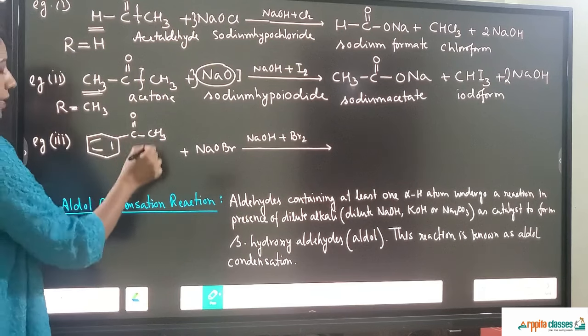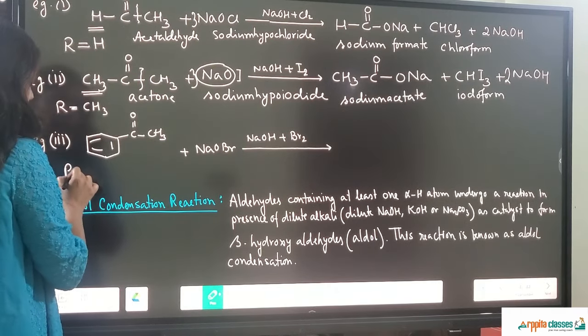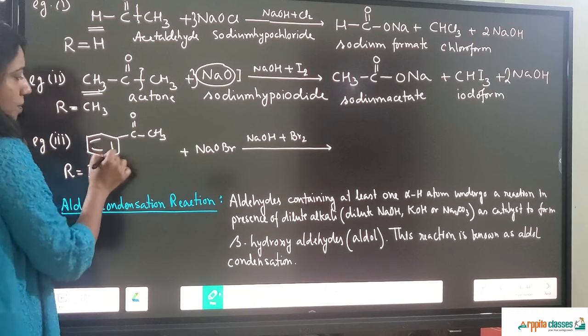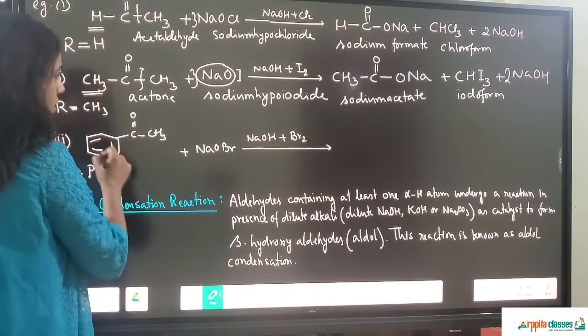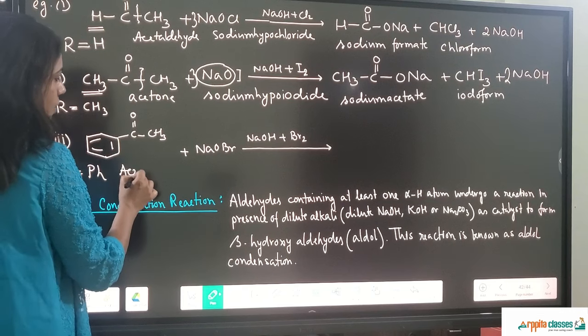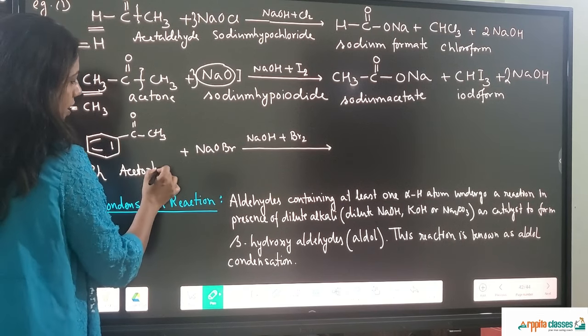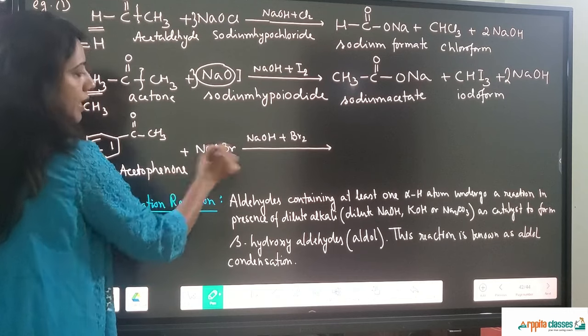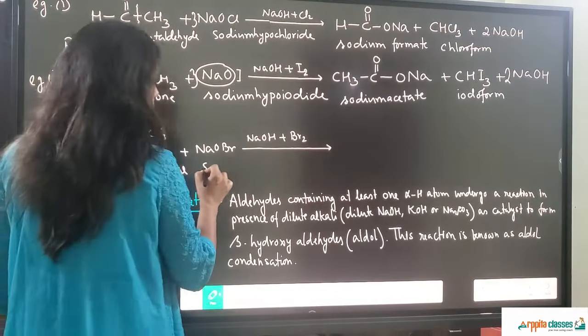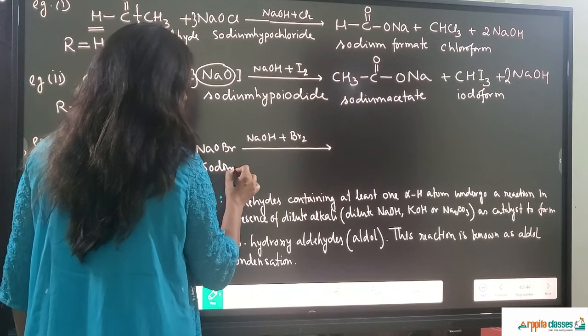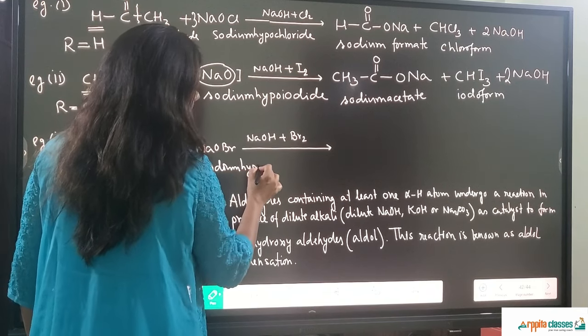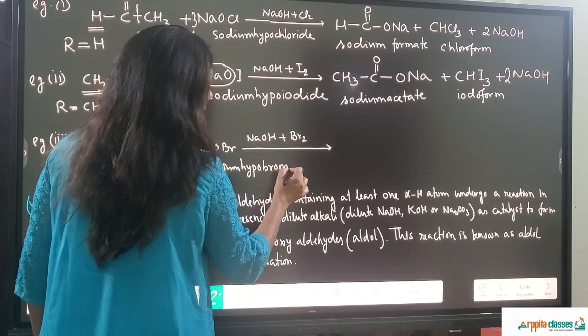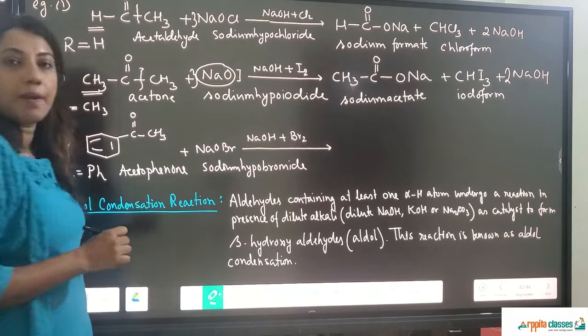Okay, come here. Here my R group is phenyl group or aromatic group. Okay, so this is called as acetophenone. NaOBr is your sodium hypobromite, which is formed by the reaction of sodium hydroxide and bromine.